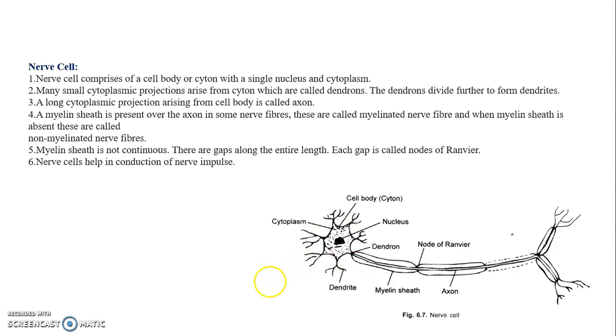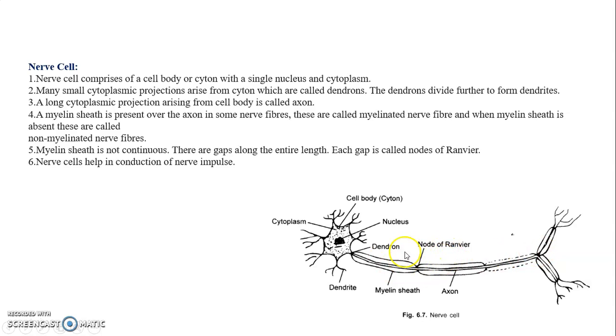You can see that these dendrons are divided into further elongations like a spider's web, and these finer elongations are called dendrites. A long cytoplasmic projection arising from the cell body is called the axon. This is this long cytoplasmic projection arising from the cell body, and it is called the axon.